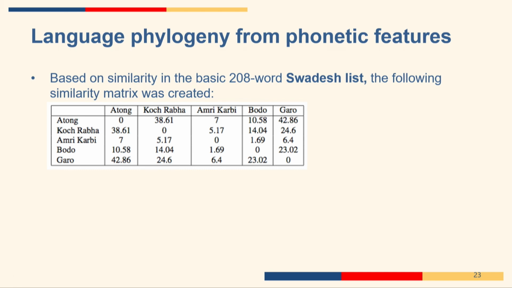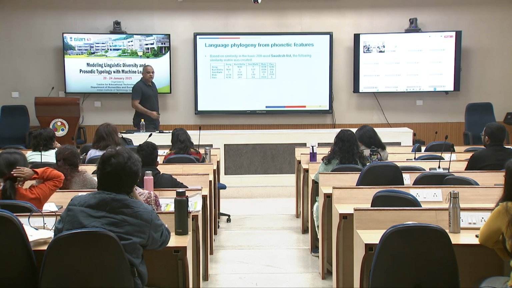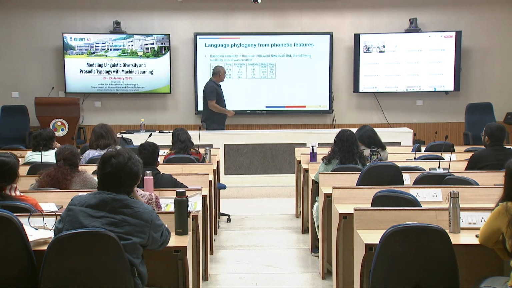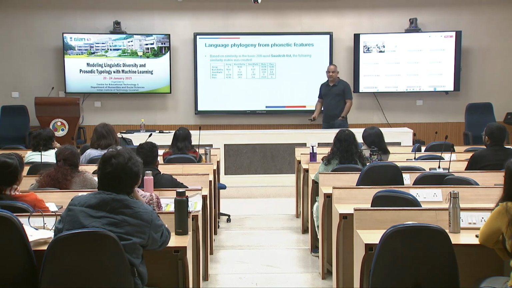But Bodo-Garo languages more or less have very high numbers here. So this is what I talked to you about earlier, how we can convert our data from some sort of textual responses to numerical data. At this point of time, what we are doing is converting the similarities and dissimilarities.